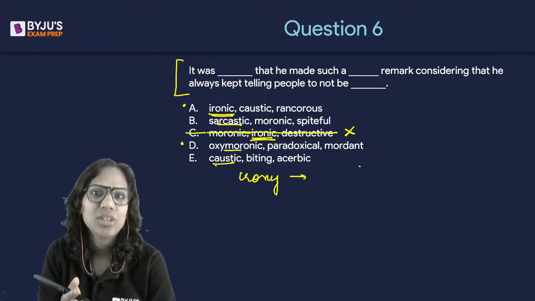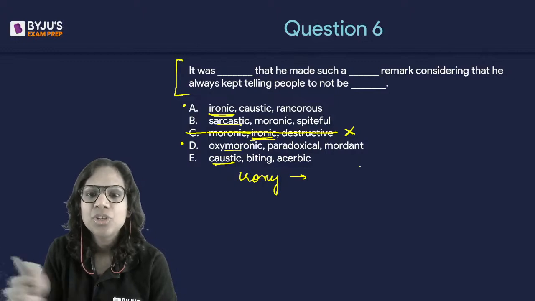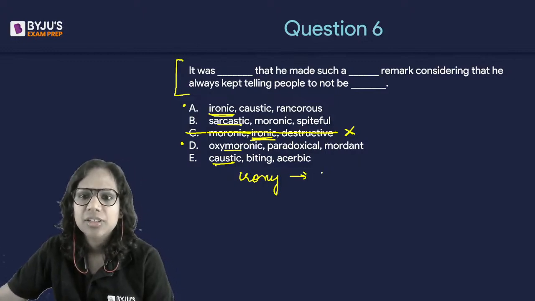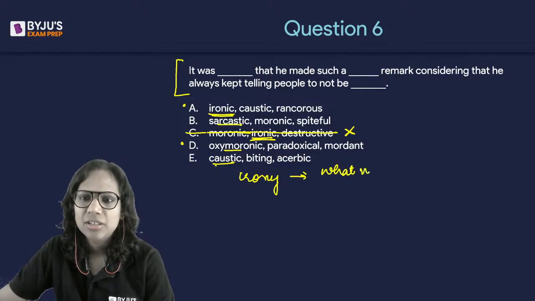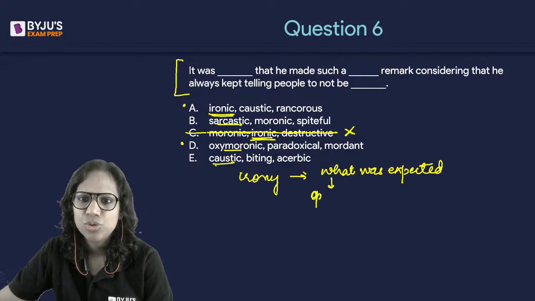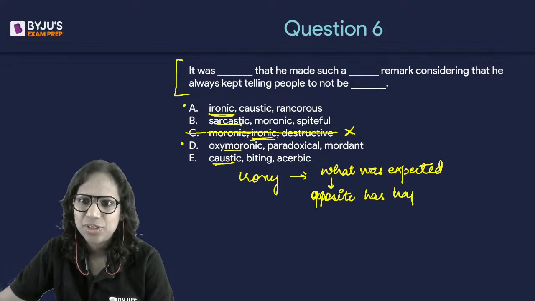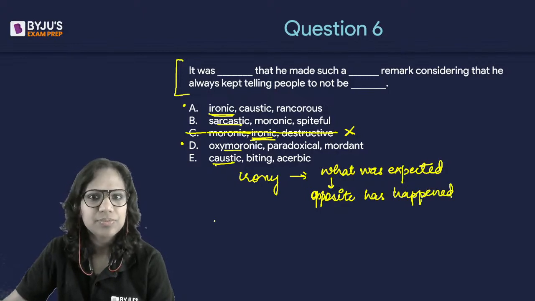Right? That is an ironical situation. So, irony is when what was expected has not happened, and rather something drastically different from it, most often the opposite of it, has happened. That is irony.